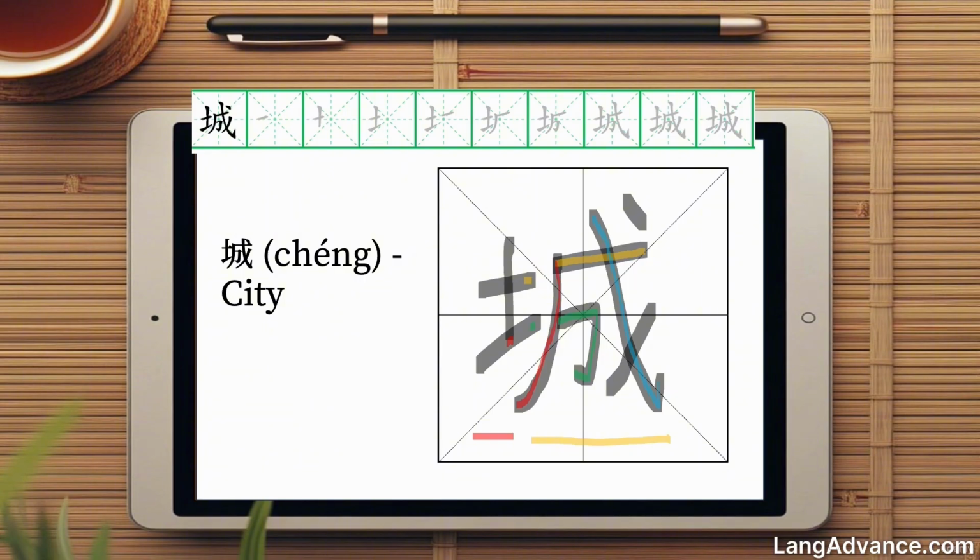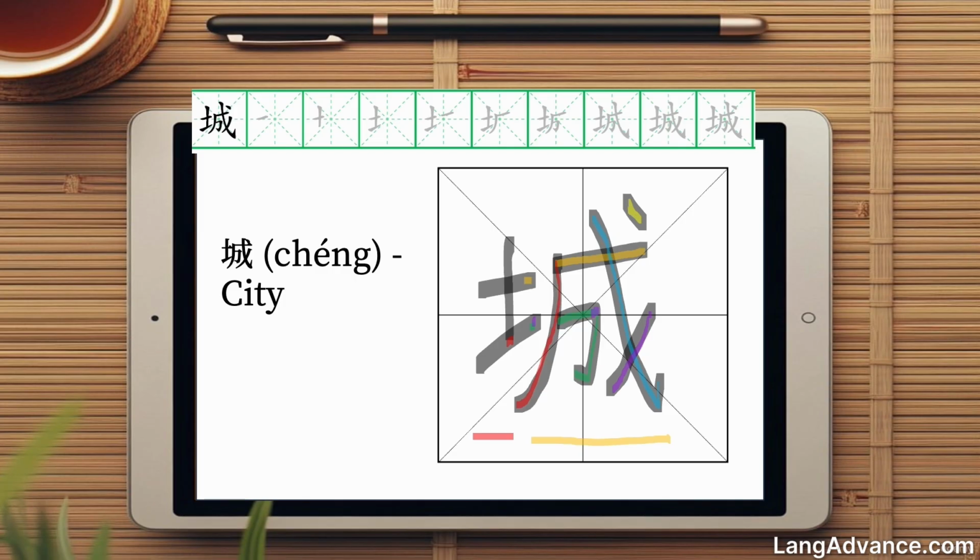Now the line right here, as long as it does not exceed this part, the final ending part of the stroke, then you should be fine. And lastly, we will have our dot, which is on top.